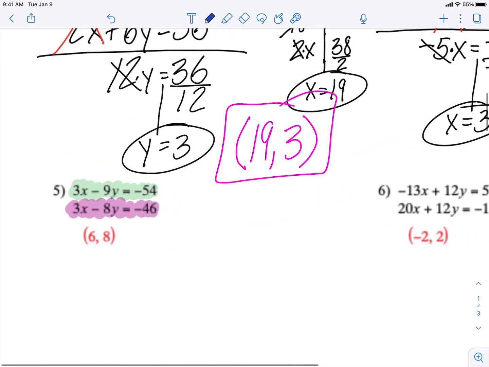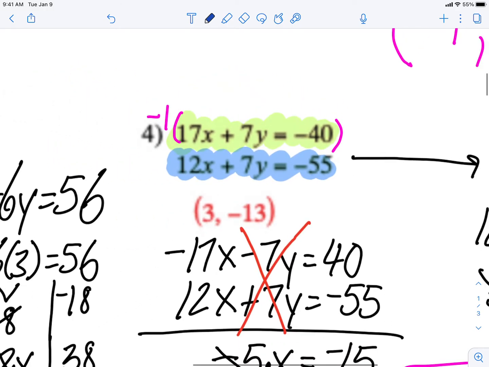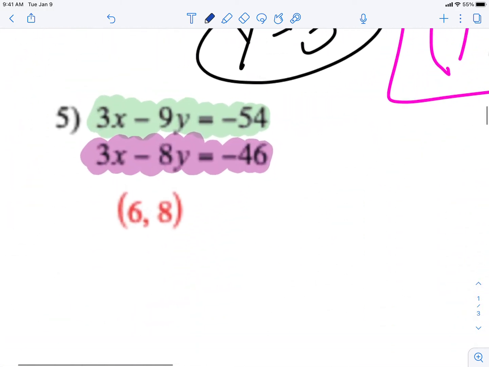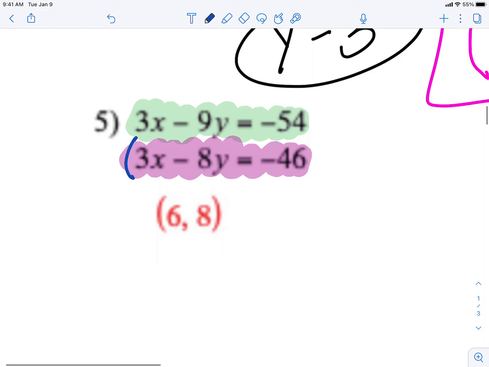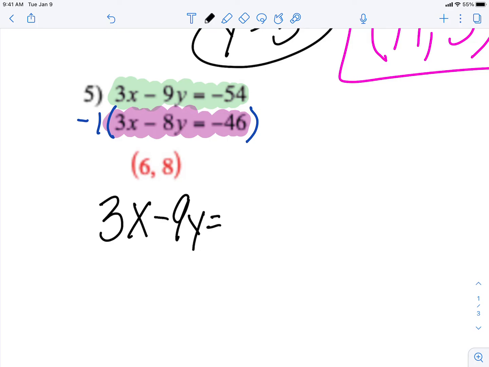So I'm going to multiply. On number 4, I multiplied the top equation, the green one, by -1. On number 5, I'm going to multiply the bottom equation by -1, just like that. So the top equation stays the same: 3x minus 9y is equal to -54. It did not change.